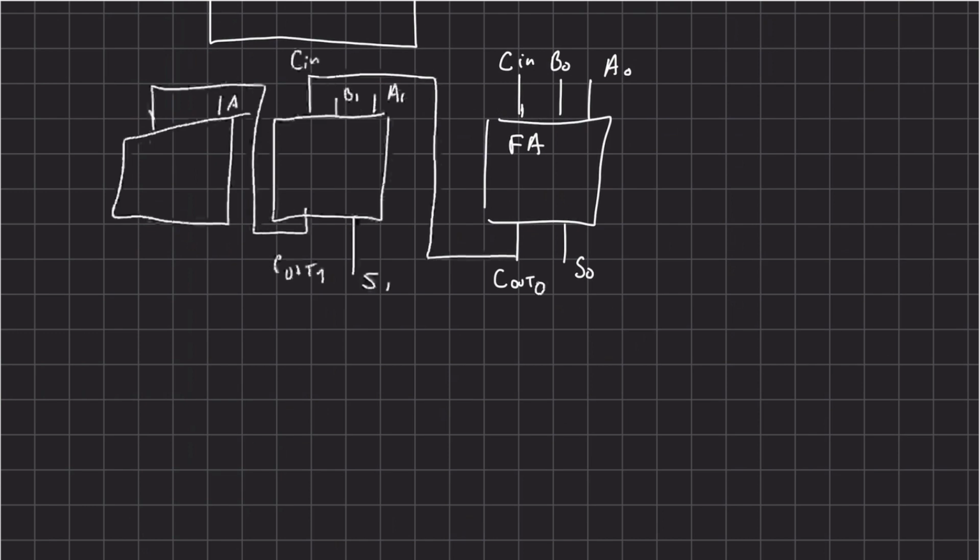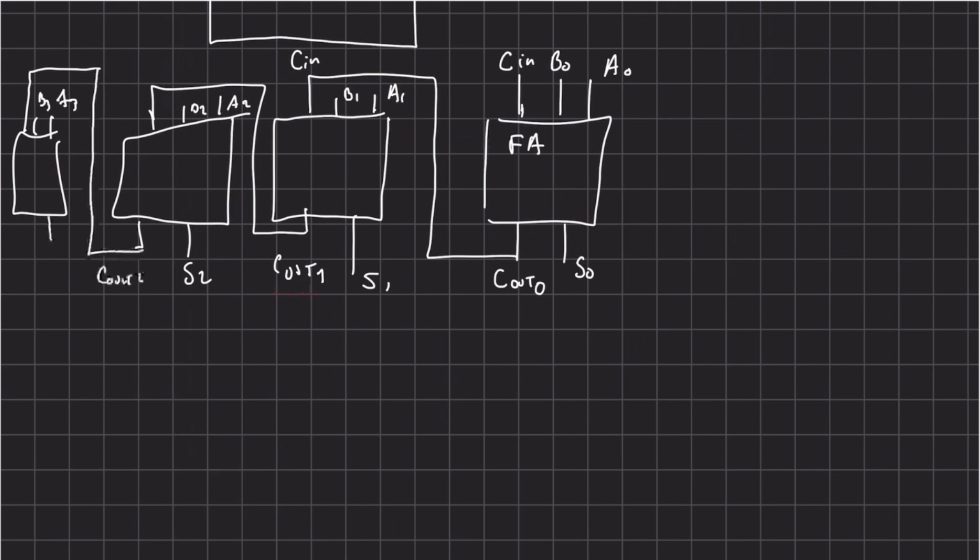And we have A2, B2, S2, and the last one, sorry, it's a little cramped, A3, B3, like such. That is C out 2, and this goes to C out, and this goes to S3. Okay, so we have 1, 2, 3, 4, 5 carry signals that we will need to handle, but we have 4 A's, 4 B's, and we have 4 S's.